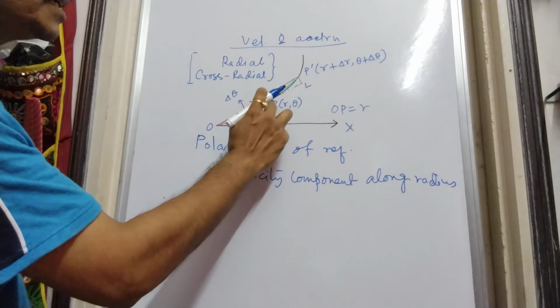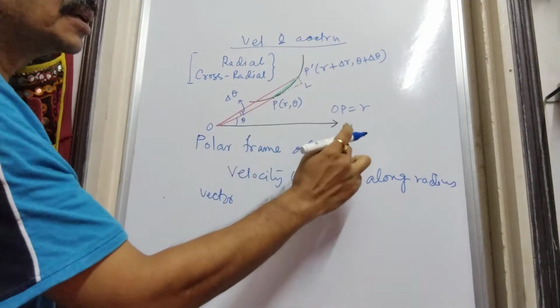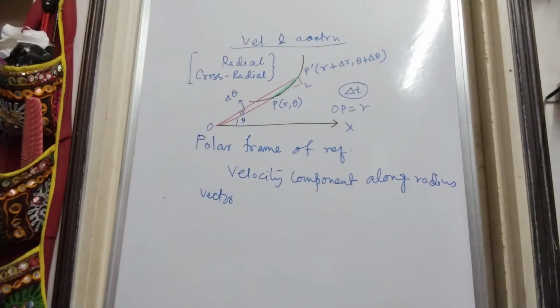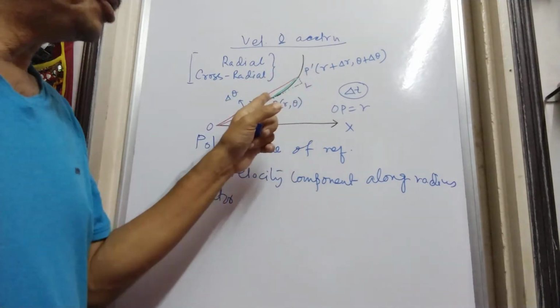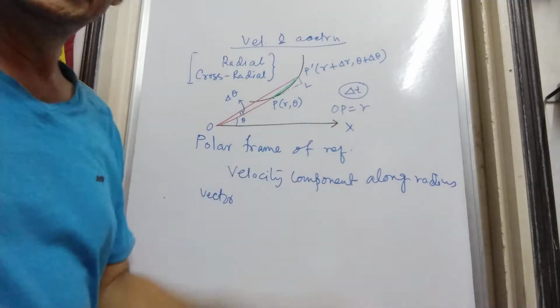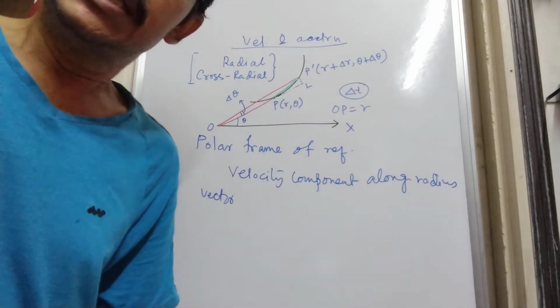This point traverses along this curve and reaches P prime within a time delta t. The points P and P prime are infinitesimally close to each other. So it spans from P to P prime along the curve in a time delta t, obviously a very small quantity.